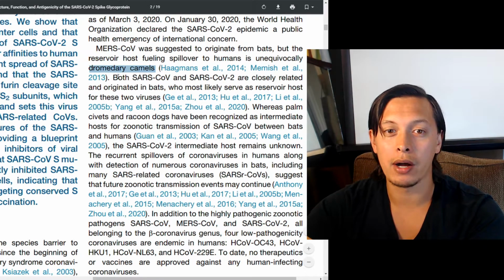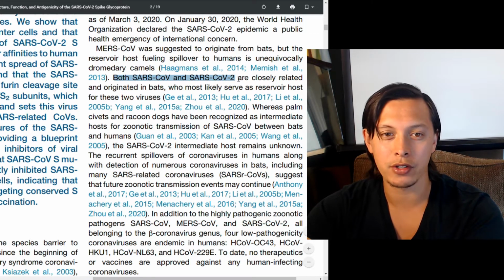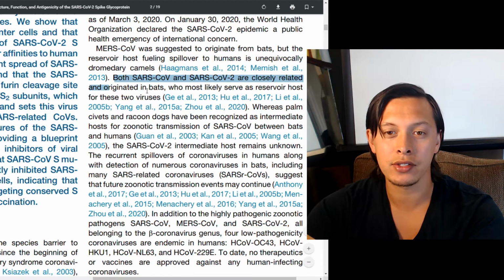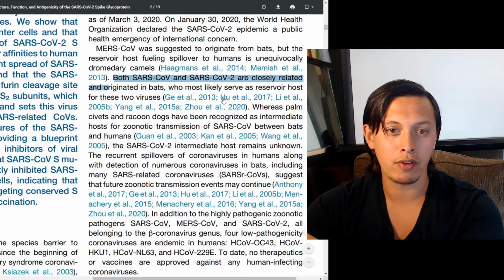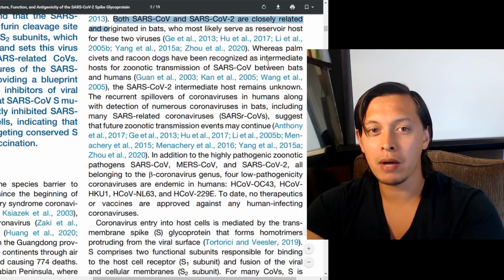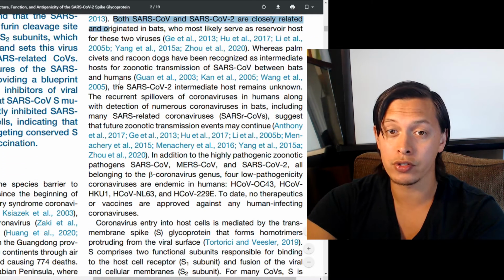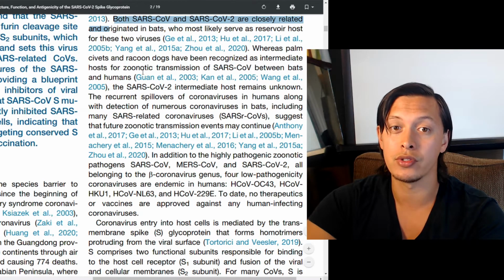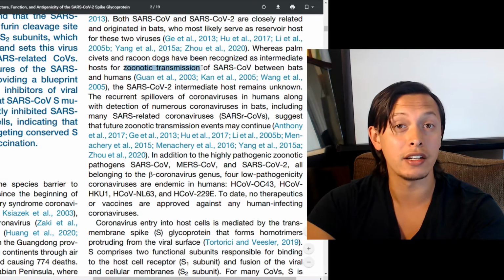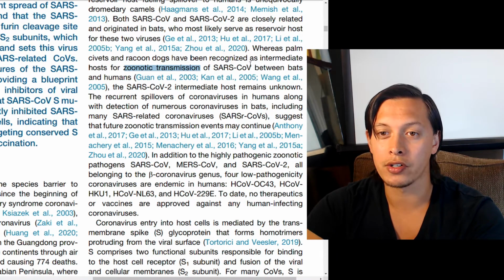So both SARS coronavirus and SARS coronavirus 2 are closely related and originated in bats, who most likely serve as reservoir hosts of these two viruses. Whereas palm civets and raccoon dogs have been recognized as intermediate hosts for zoonotic transmission. So zoonotic transmission means that you can get it from animals, of SARS-CoV, the original SARS, between bats and humans.